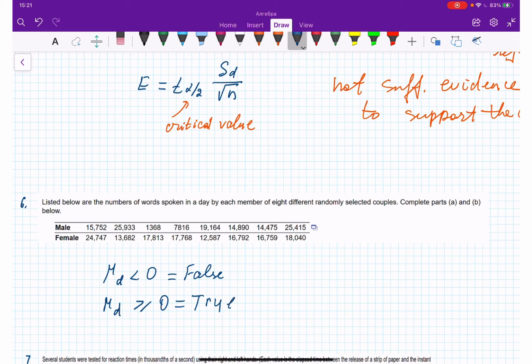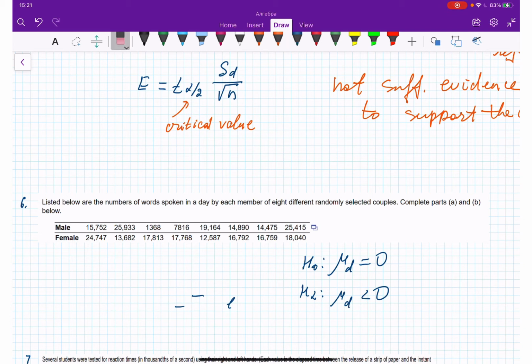So let's write down: null hypothesis is mu d equal to 0, which we accept as true. And the alternative is mu d less than 0. Okay, so this is our claim, and our claim is a left tail test.